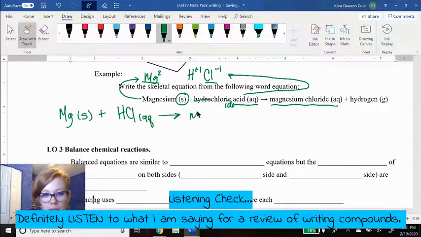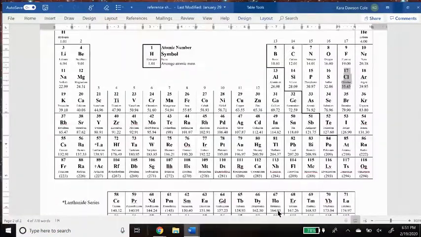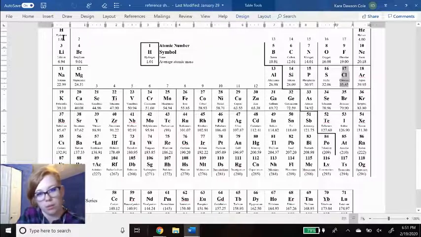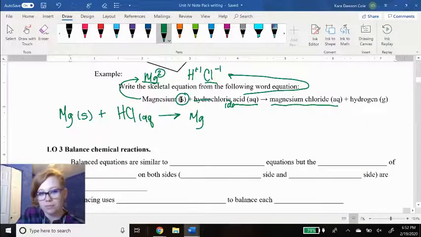So Mg. Well, magnesium has a 2+ charge. The reason it's got a 2+ charge, again, is because it's in group 2. So group 2 all have a 2+ charge. Group 1 all has a +1 charge, except for hydrogen can be plus or minus 1, right? We've done all this before, multiple times, okay? So because magnesium has a 2 and Cl has a 1, I have to cross those down. So it's MgCl2.